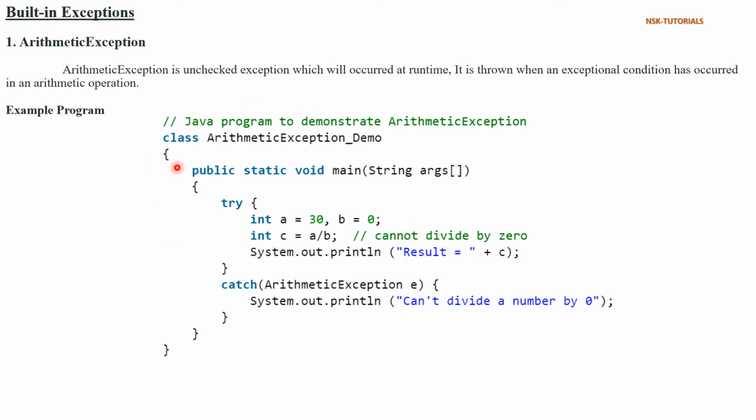If you see the below example, inside the main method, inside the try block, I have declared two variables, int a equal to 30, b equal to 0. When we are dividing 30 divided by 0, we'll get the infinite. We cannot divide this. In this case, we'll get the arithmetic exception.